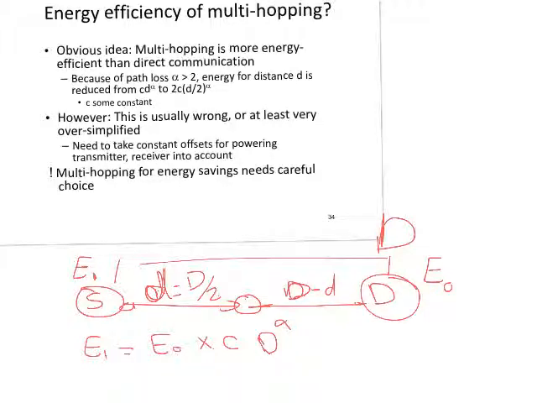Right? So in other words, E output divided by E1 is 1 over C times capital D to the power alpha.